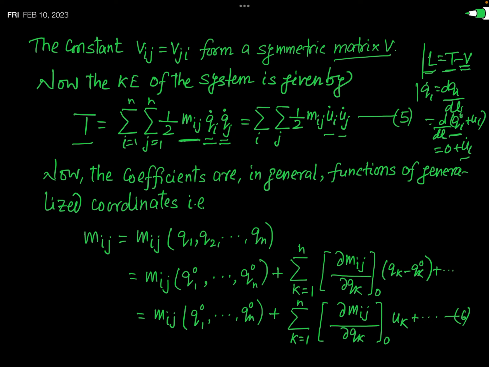Now, as I have told you, this coefficient Mij in general is not a constant, but a function of the generalized coordinates q1, q2, and so on up to qn. Since it is a function of n independent variables, it may be expanded about the equilibrium position in a Taylor expansion.